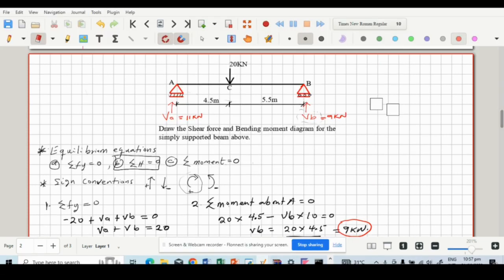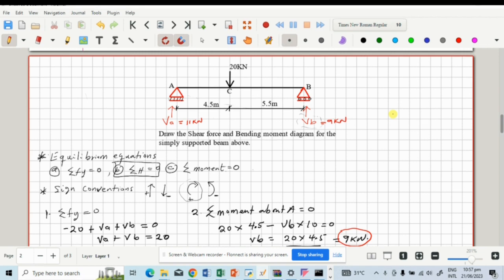If we sum VA and VB, we'll have 20, and the downward force at point C is also 20. So if we subtract them, we'll have 0. So that's what we mean by the first equation. Right.